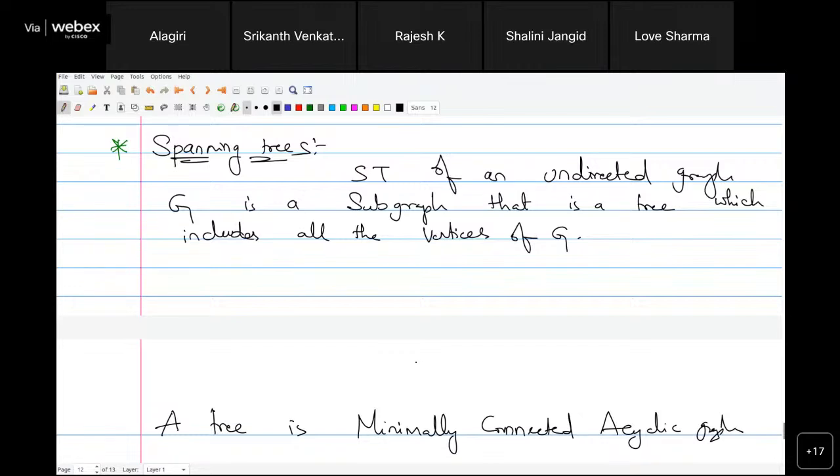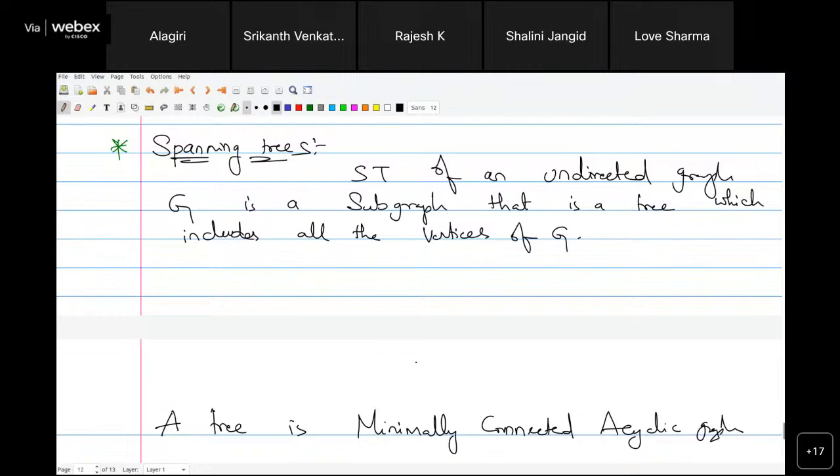We should only remove a few edges and make the graph a tree. And that resulting tree will be the spanning tree. We call it a spanning tree because it is spanned from this graph. Spanning means we have developed a tree using this original graph G.